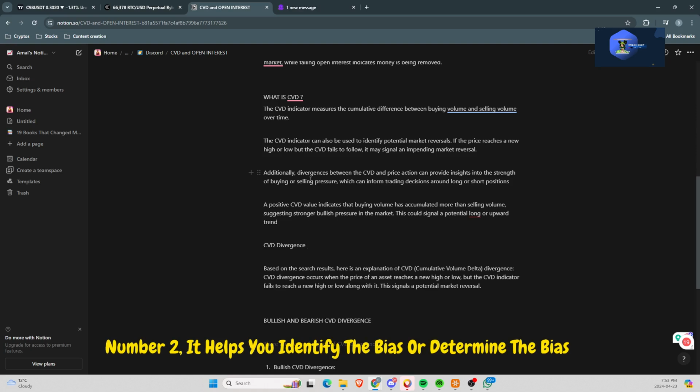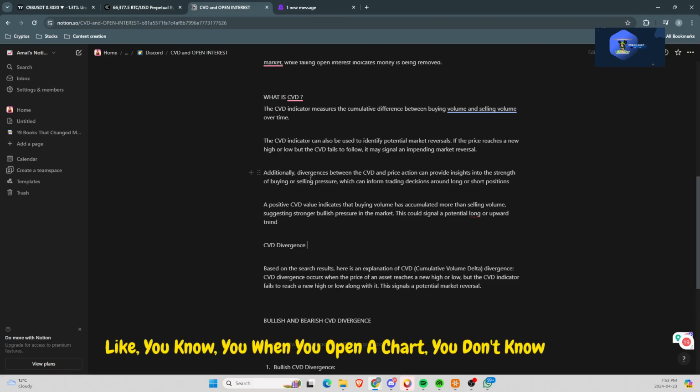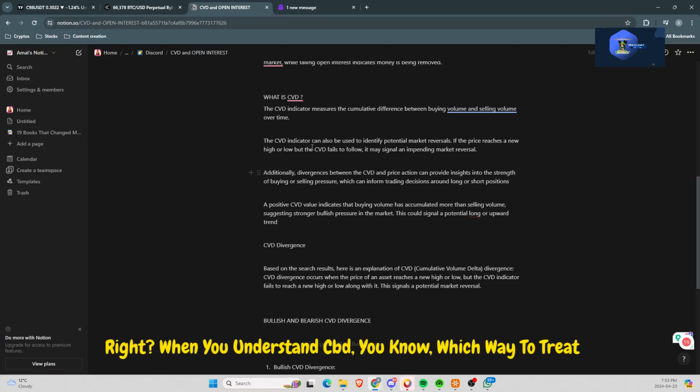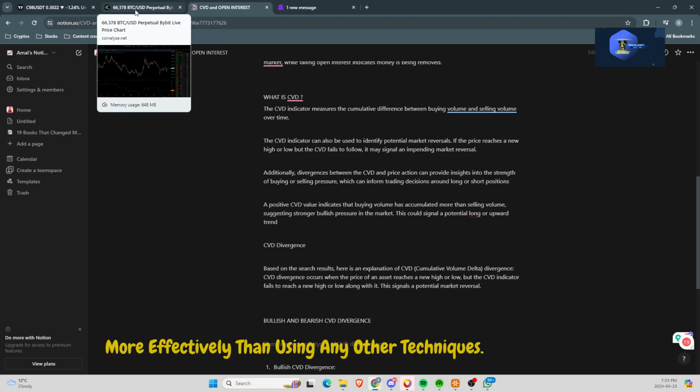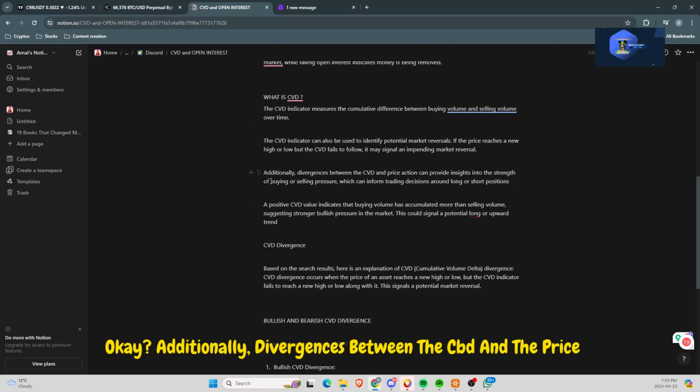Number two, it helps you determine the bias. Like, when you open a chart, you don't know whether you're going for a long position or a short position, right? When you understand CVD, you know which way to trade more effectively than using any other techniques, okay?